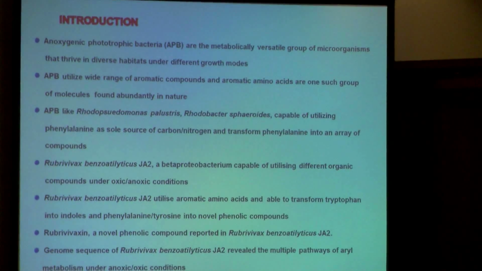Brief introduction. Rubrivivax benzoatilyticus JA2 is an anoxygenic phototrophic bacterium. This group of bacteria is metabolically versatile among microorganisms, and they can thrive under diverse habitats and grow under different growth modes.